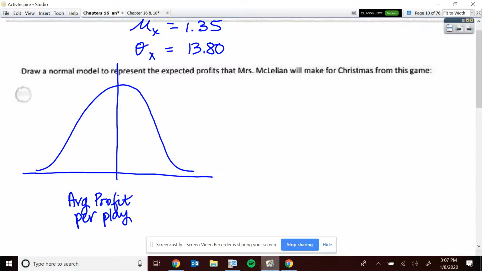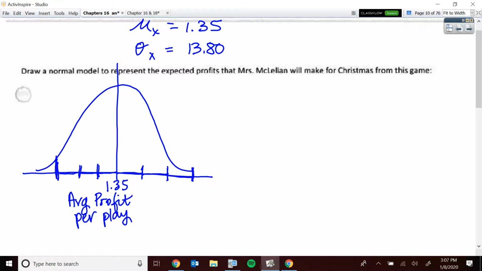All right, so let's go ahead and come up with these amounts. I know that here's my $1.35, and then I would add up $13.80 for each standard deviation. Okay, and then I'm going to subtract down $13.80 each one of these.